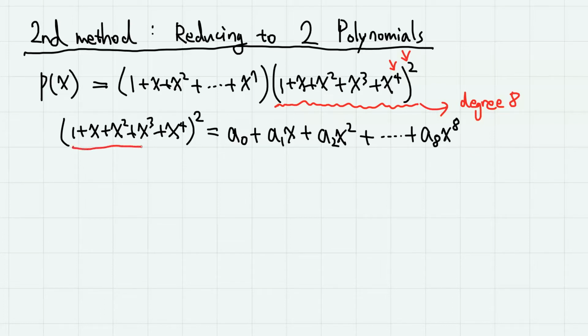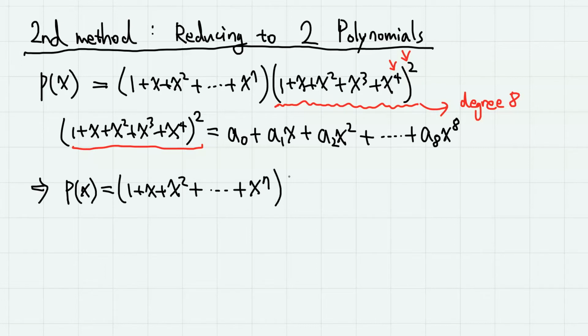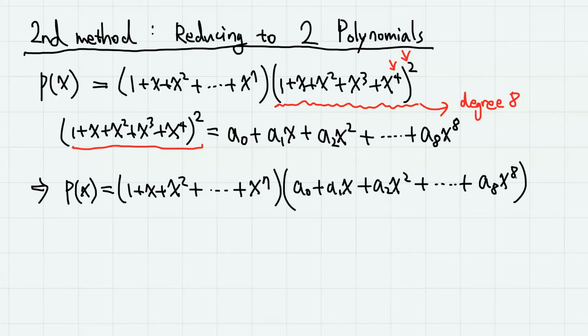That is, we have expanded this polynomial without actually calculating the individual coefficients. Then we can write P(x) as (1 plus x squared plus 2x) to the power of 7 times (a0 plus a1x plus a2x squared plus ... plus a8x to the power of 8).